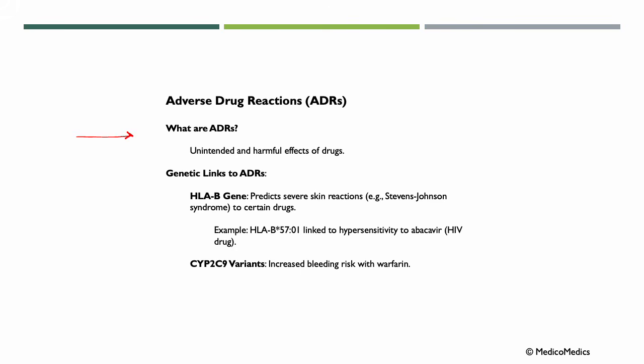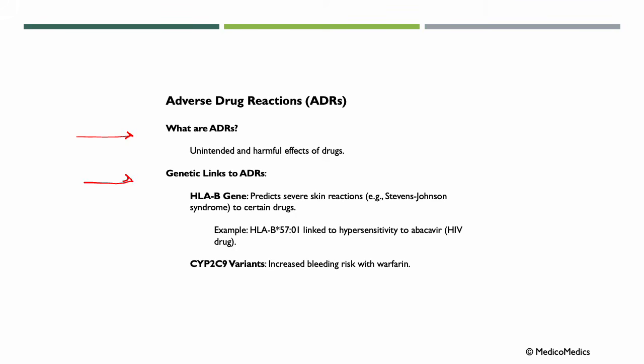Now, adverse drug reactions are unintended, harmful effects of medications that occur at normal doses used for treatment. They range from mild side effects like nausea to severe and life-threatening reactions like organ failure or anaphylaxis.